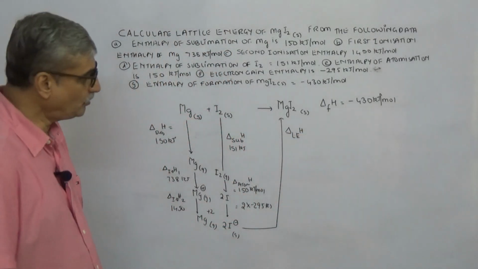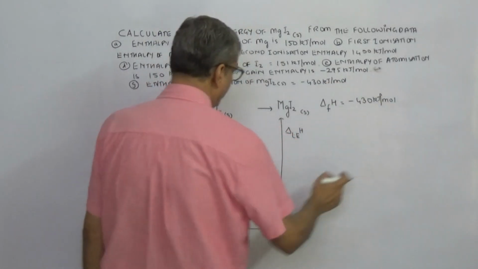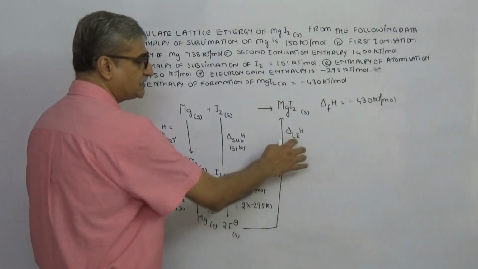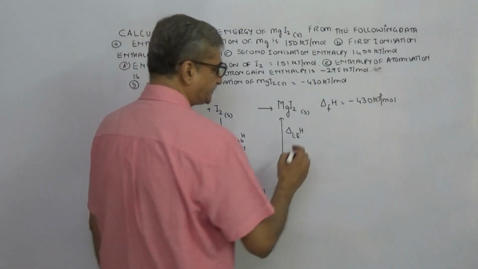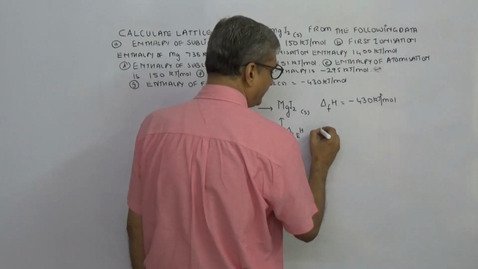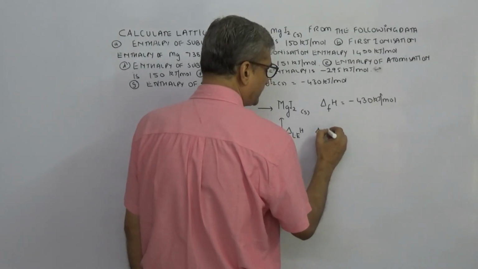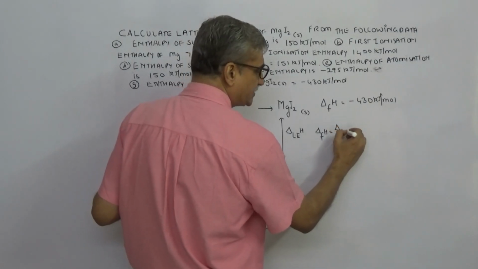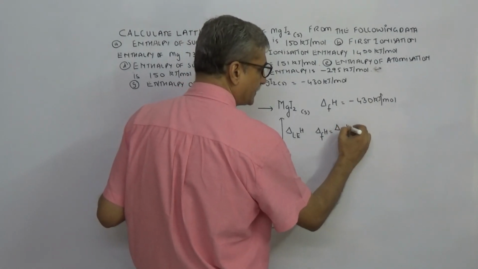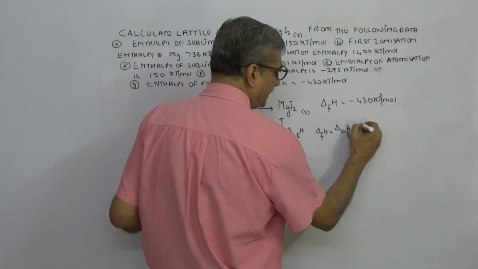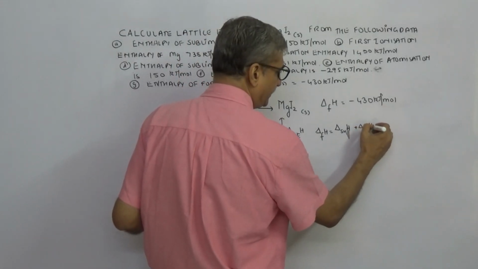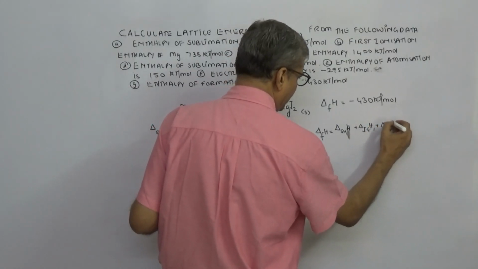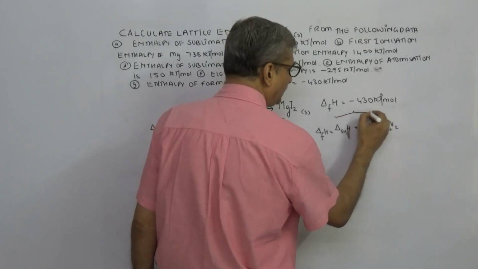Okay. So what do we have? This value should be equal to this plus this plus this plus this plus this plus this plus this. So we have delta formation H is equal to delta sublimation H plus delta ionization enthalpy H1 plus delta ionization enthalpy H2. All this is for magnesium.